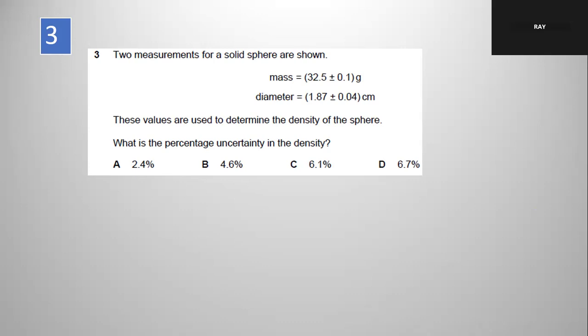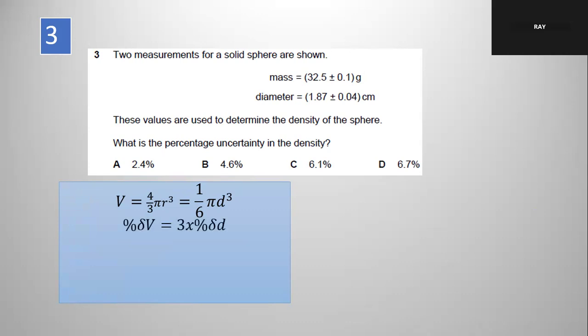Mass given, diameter given, told it is a solid sphere. What's the percentage uncertainty in the density? Volume is 4/3 pi r cubed, or 1/6 pi d cubed.